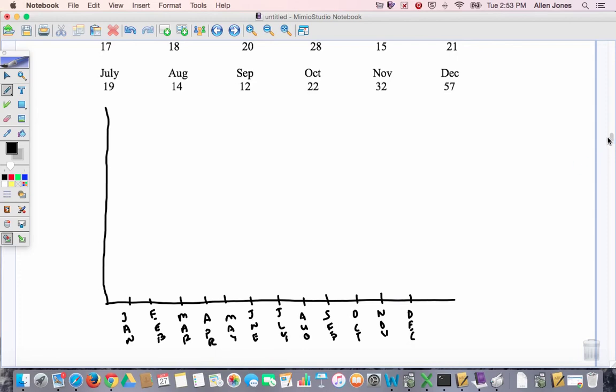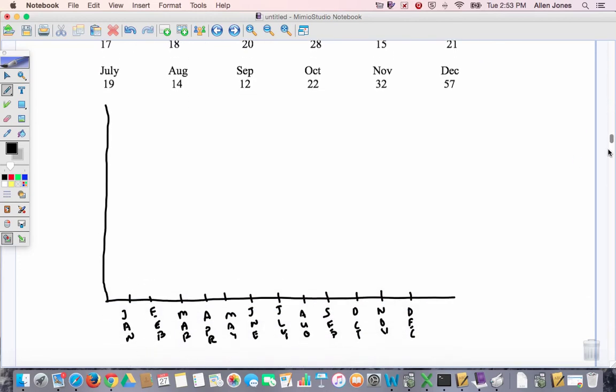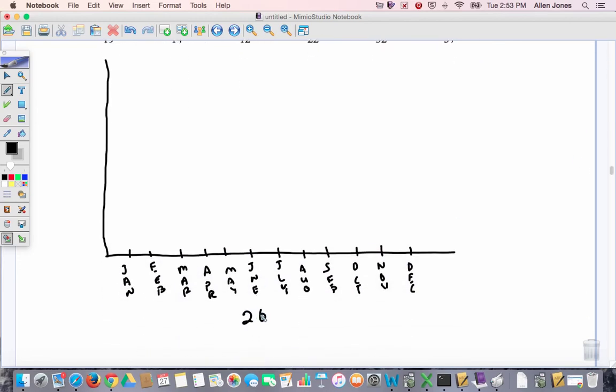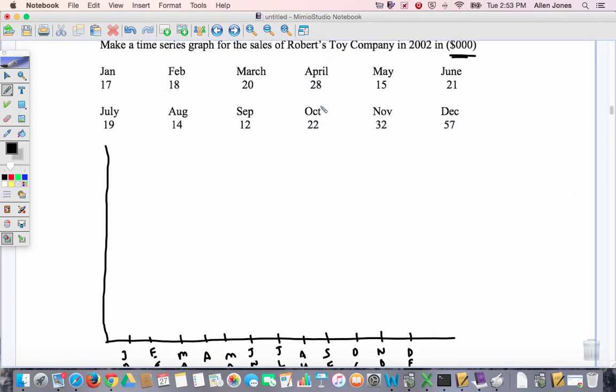And I'm going to mark that as, I think it's 2002 is the year. Yep, so this is 2002. I'm also going to take a look here at our sales. Our sales go from a low of, looks like, 12,000 up to a high of 57,000. So I think what we'll do here is go by $5,000.